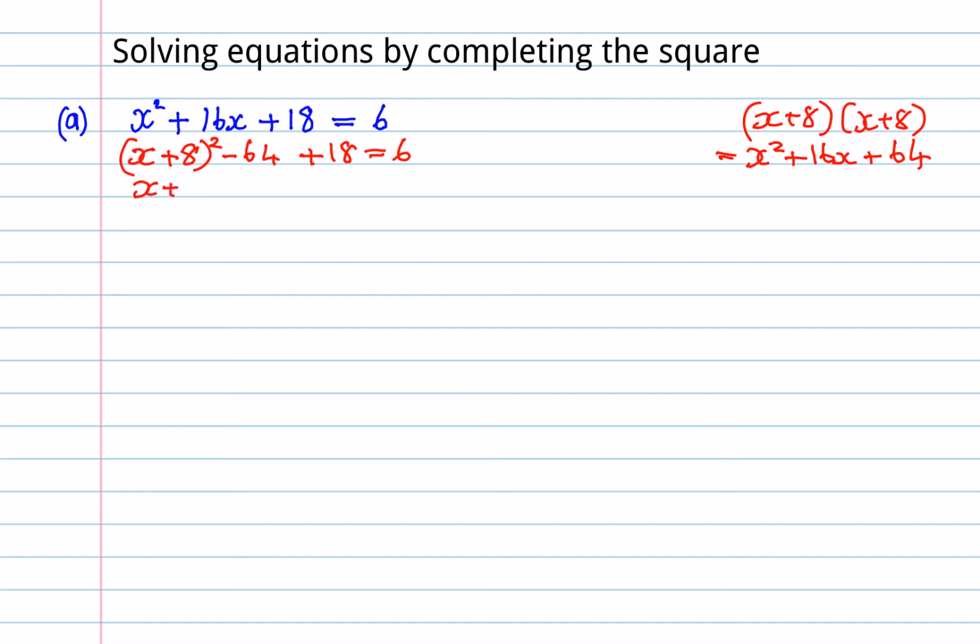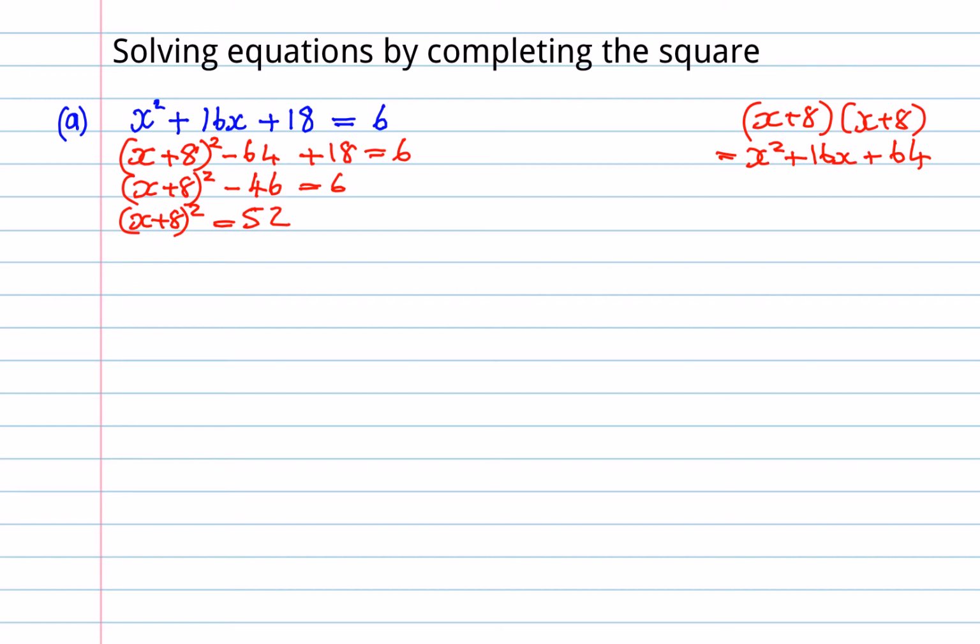So we have x plus 8 all squared. Now minus 64 plus 18, this gives us negative 46, and that's equal to 6. We have x plus 8 squared now equals 6 plus the 46, which is equal to 52.